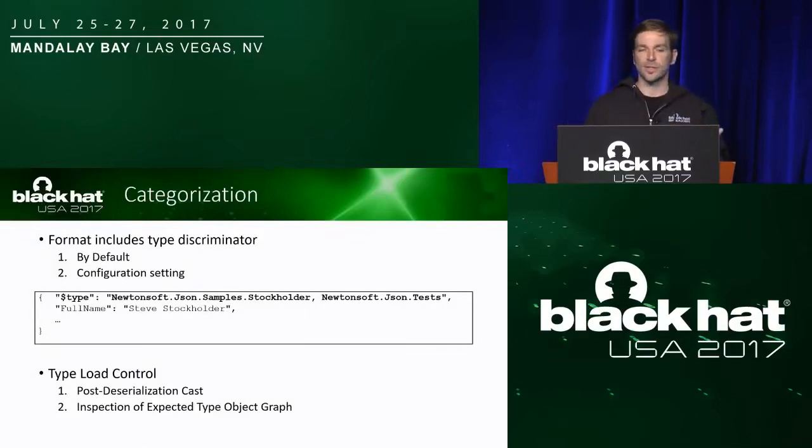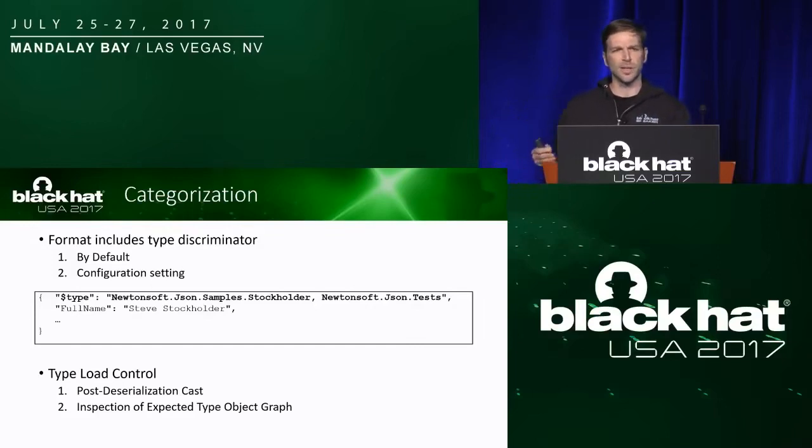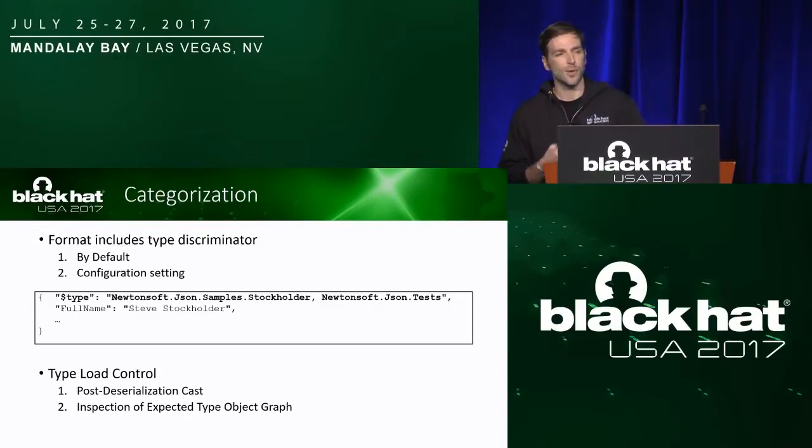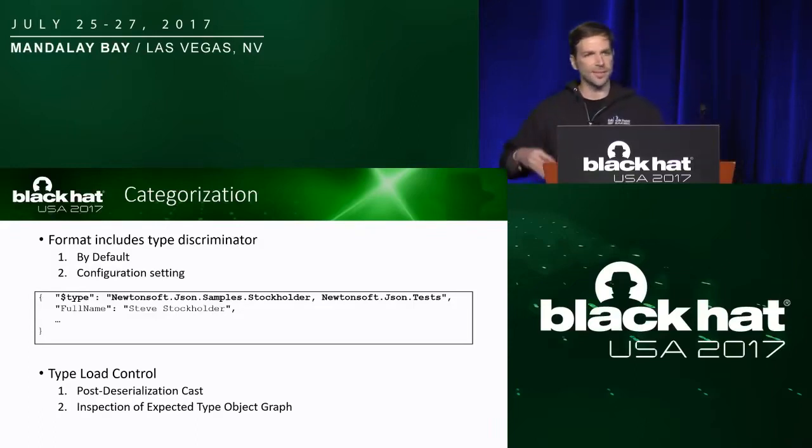And then the second factor is how they control which classes or types are going to be instantiated during deserialization. Some libraries perform just a post-deserialization cast operation, which basically offers no protection at all, because by the time you get the cast exception, the deserialization has completed and the payload has been executed.